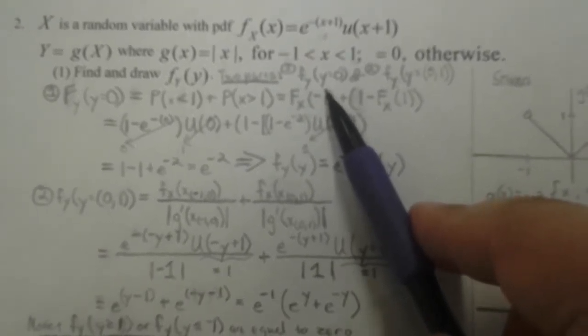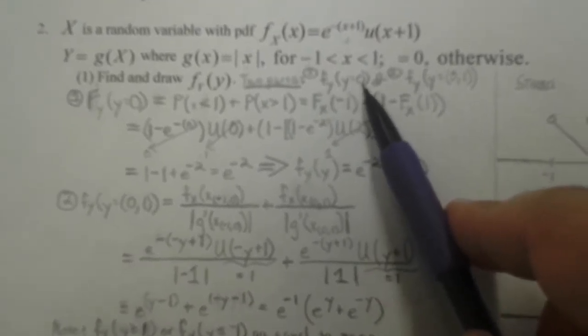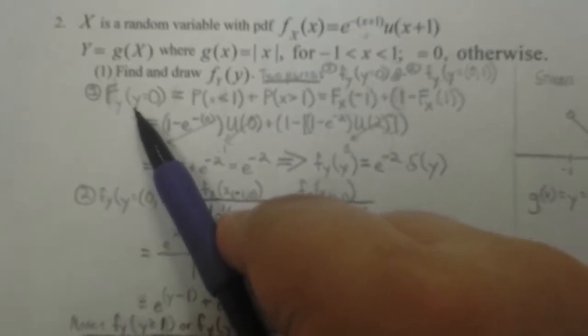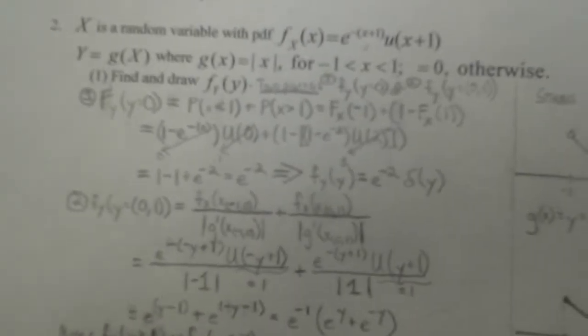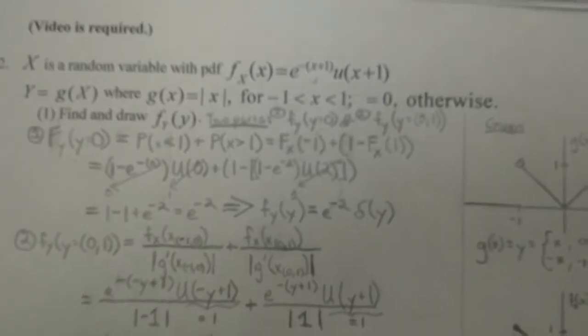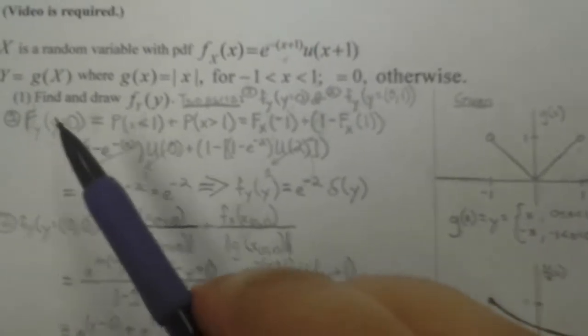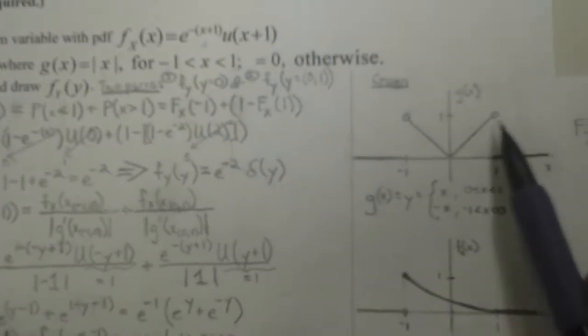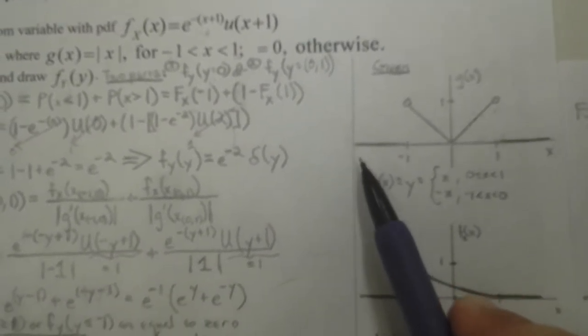So, in order to find little f of y specifically at 0, we use big F of y at 0. And what we're trying to do is figure out what the probability would be at that specific point. Now, we know that basically y is going to equal 0 below negative 1 and above 1.